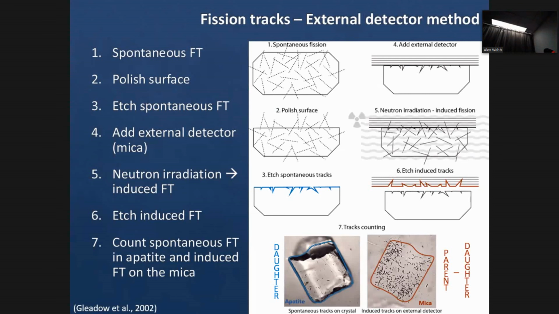Then you send it to a radioactive center, so you bombard your apatite, and because of that, you will create more uranium decay. That will create scars in your mica foil. So after that, again, we put the mica in hydrofluoric acid for 40 minutes, and you will reveal tracks, and you see it's exactly the mirror. When you look at the microscope, you have the mirror of the apatite.